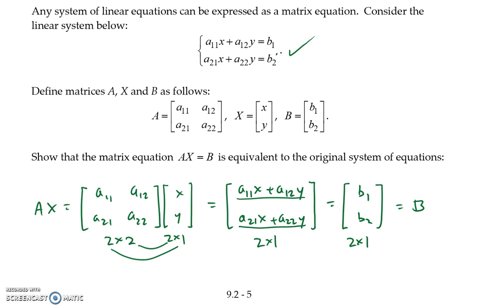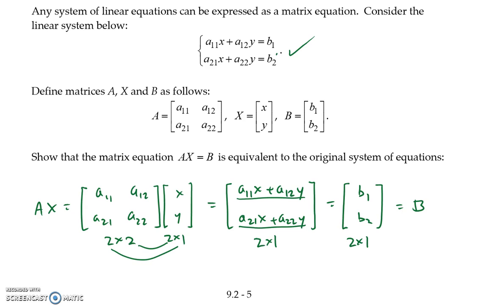So what this shows us is that a linear system of equations can be written as a single equation, kind of like a simple linear equation, something like 2x equals 3, for example, except the A, the X, and the B are matrices in themselves and have numerous entries within them.